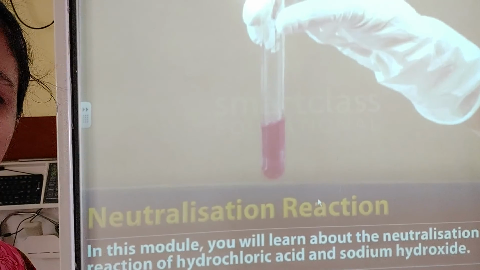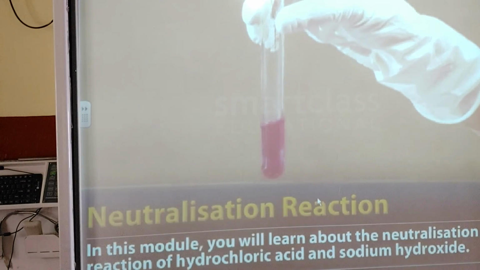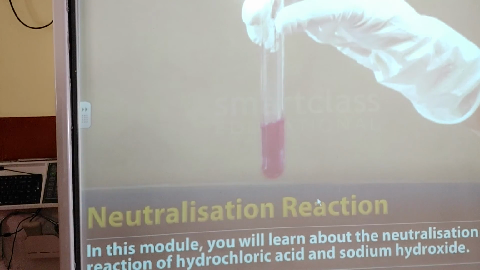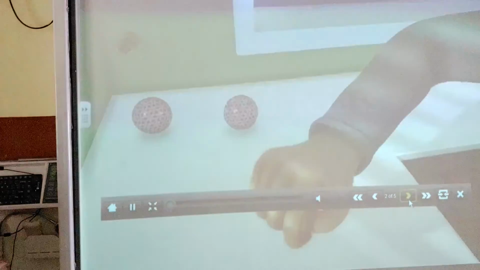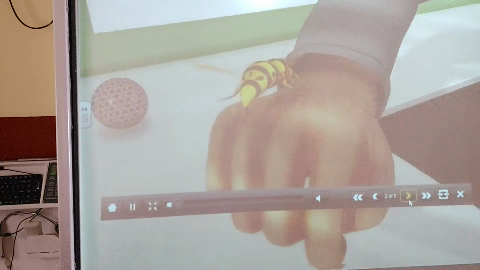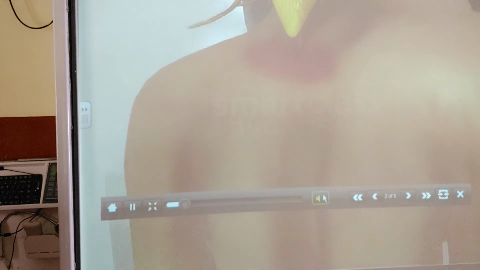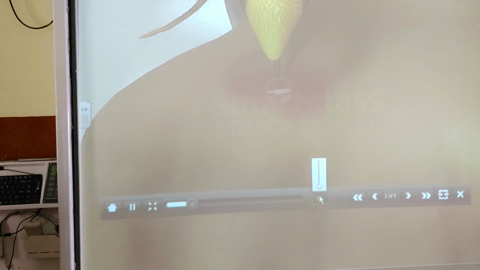Let's perform an activity. So now here we'll see the neutralization reaction of hydrochloric acid and sodium hydroxide. So you might have seen when a honeybee stings your skin, what happens?